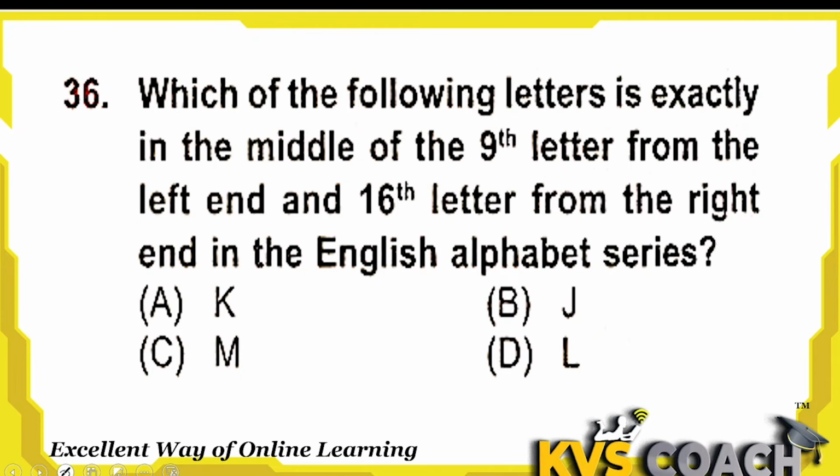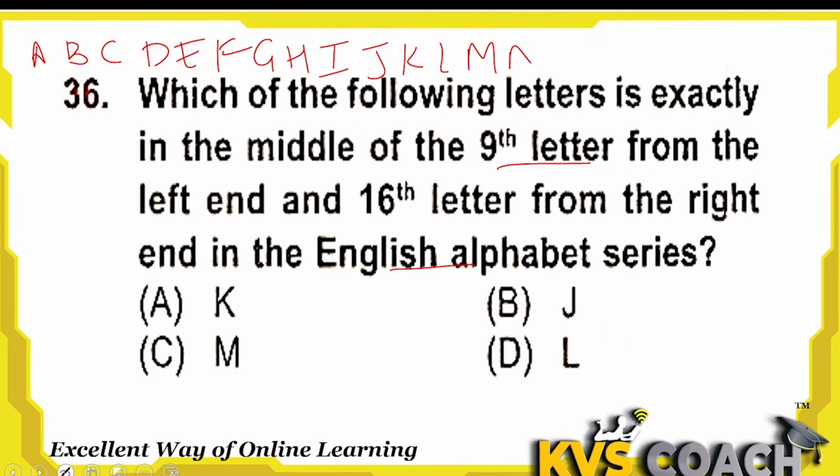Next, which of the following letters is exactly in the middle of the 9th letter from the left hand and the 16th from the right hand in the English alphabet? So here we need to write down the alphabets again. A, B, C, D, E, F, G, H, I, J, K, L, M, N, O, P, Q, R, S, T, U, V, W, X, Y and Z. This is left hand, this is right hand.